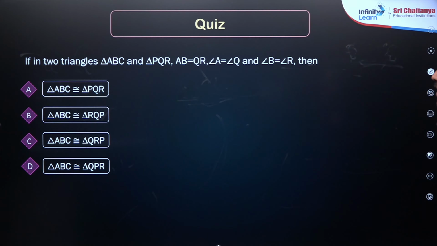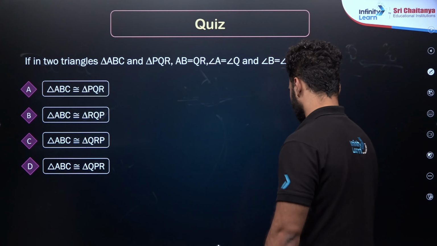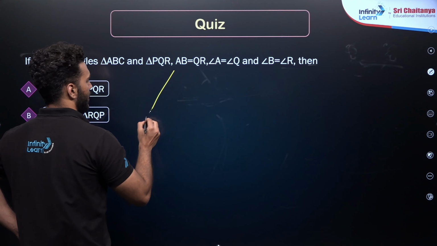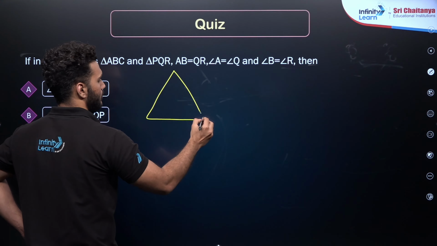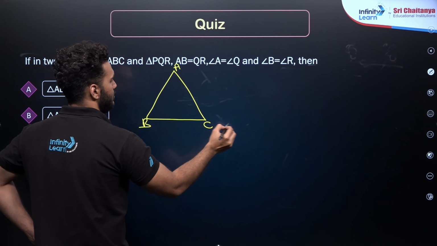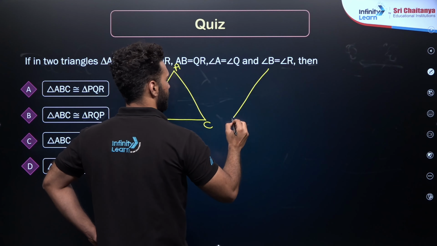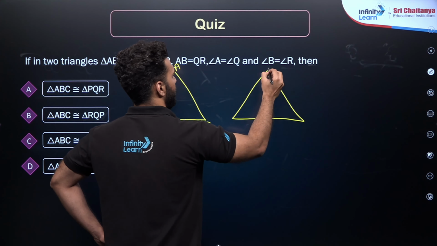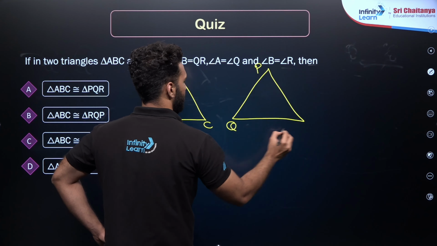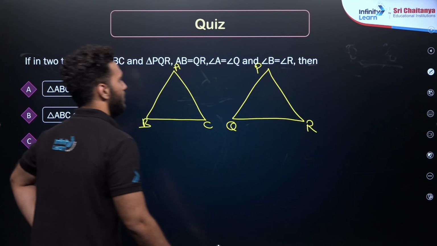Next, in two triangles ABC and PQR, AB is equal to QR. Let's say we have two triangles, ABC and PQR.